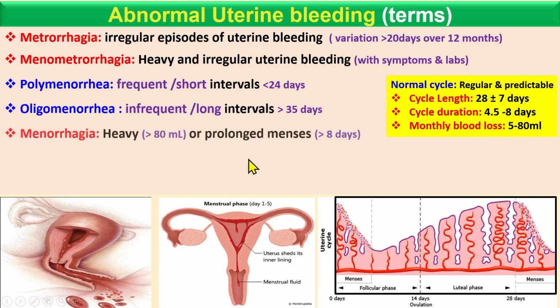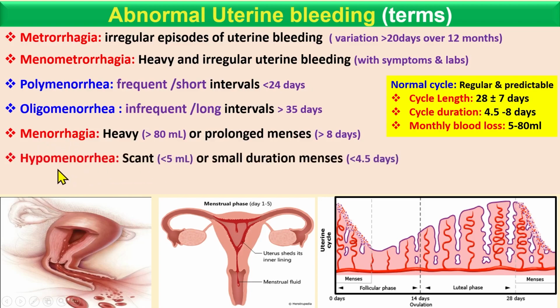If the blood loss is more than 80 ml, or it's a prolonged menses, meaning more than 8 days, or heavy menses, these are known as menorrhagia. The other term is hypomenorrhea, meaning there is less than 5 ml blood loss or a short duration of menses, less than 4.5 days.